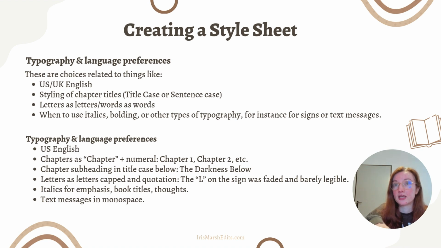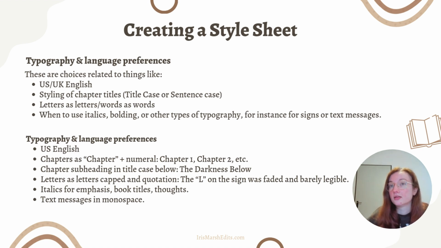I use chapters as chapter plus the numeral, so chapter 1, chapter 2, etc. Chapter subheadings in title case below, like The Darkness Below, something like that. Letters as letters are kept in quotation marks. So here I also have an example. It really helps to have an example sentence behind your rule so that you have an idea of what you mean in case it ever becomes unclear.